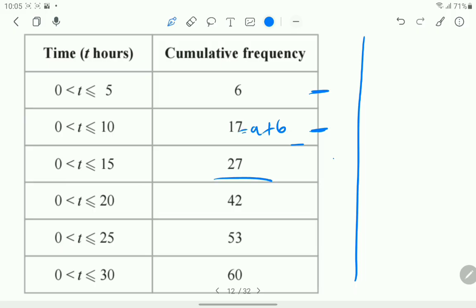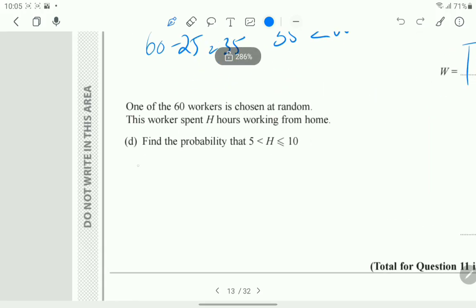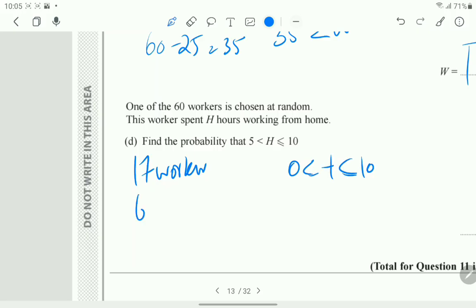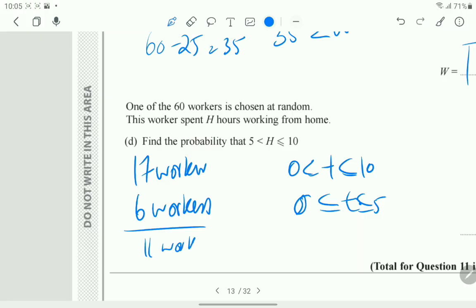So in our solution space, 17 workers worked between 0 and 10 hours, and 6 workers worked between 0 and 5 hours. So 11 workers worked between 5 and 10 hours.